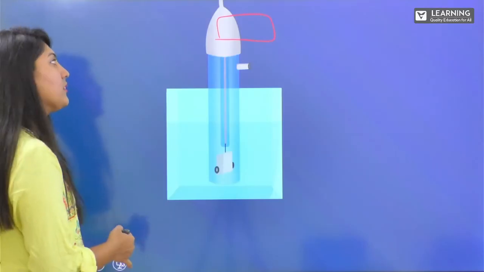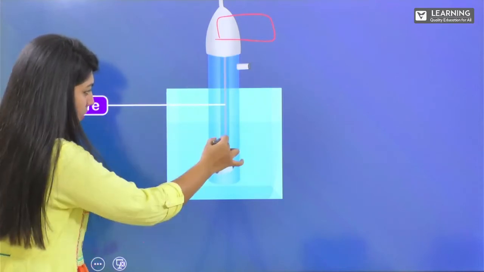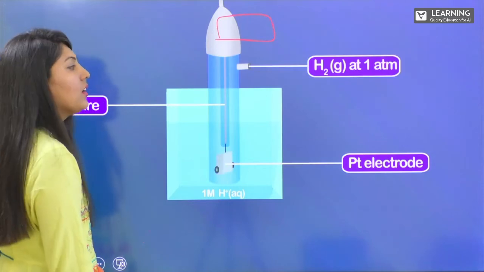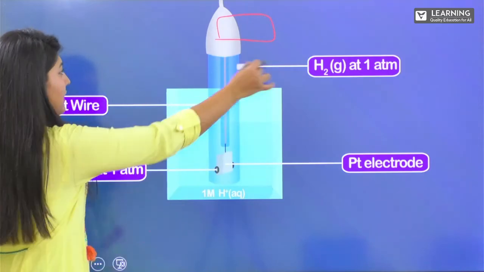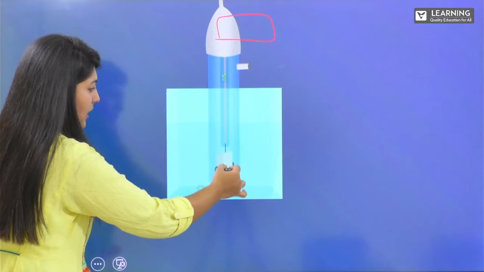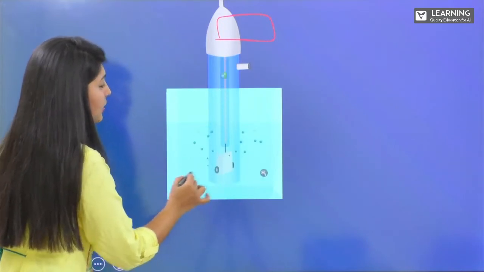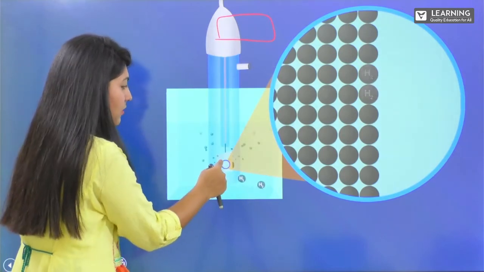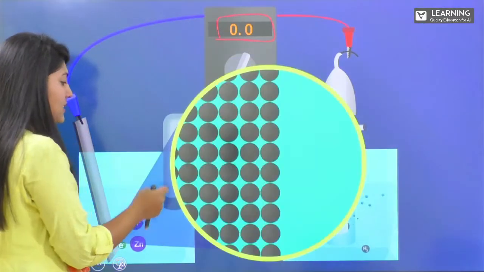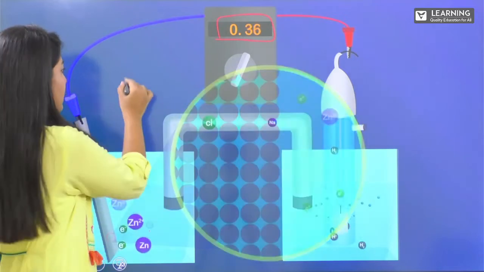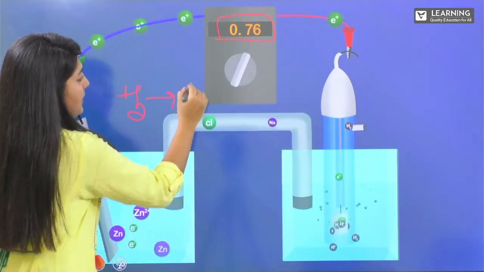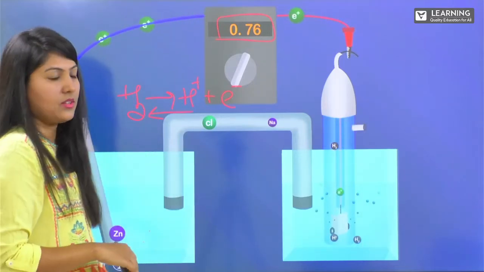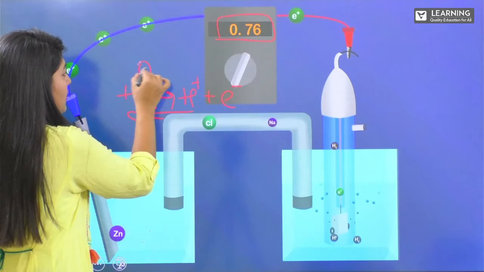If I just repeat this, we have platinum wire which has been acting as the electrode, two wires acting as one electrode and the other electrode, and here is the hydrogen inlet where hydrogen is allowed to come, and from here hydrogen is again allowed to come. So what happens here at the point of contact, electrons are flowing, H2 becomes 2H+ plus 2 electrons, and on the other side the same thing will be reversed, and that gives you 0 volt, right?